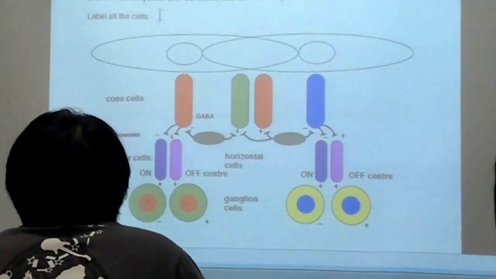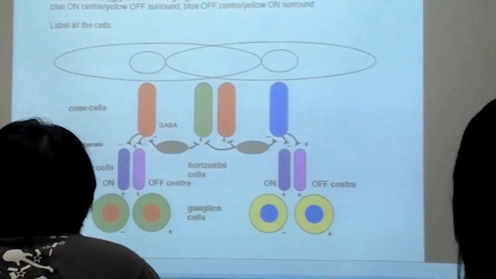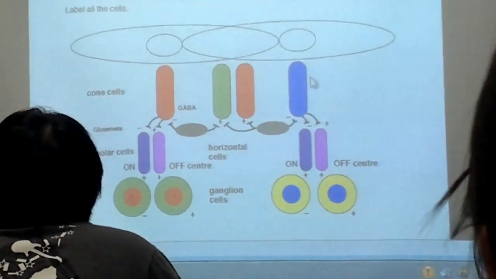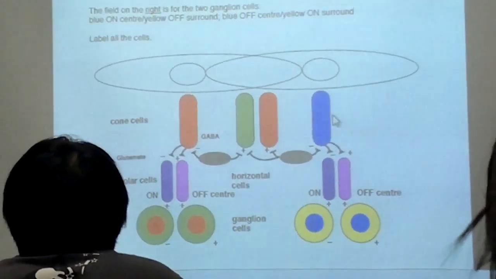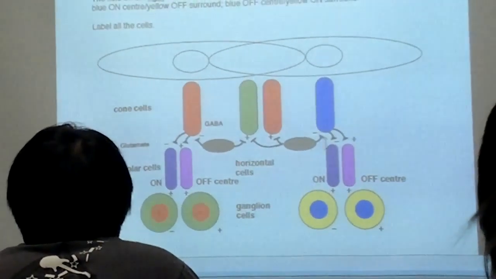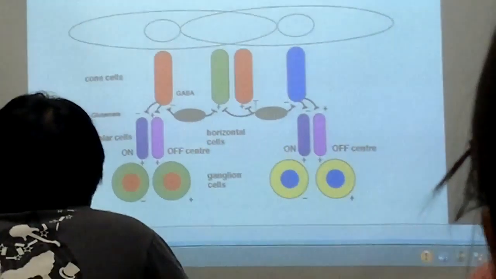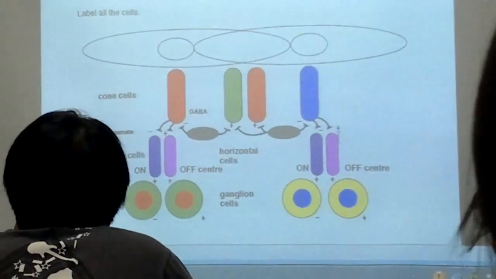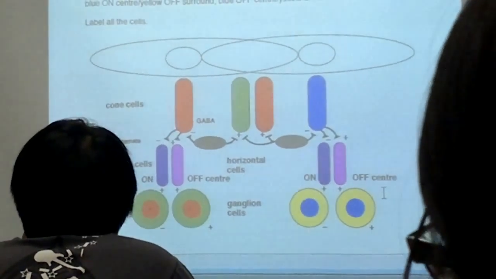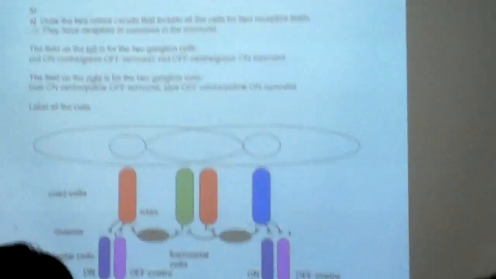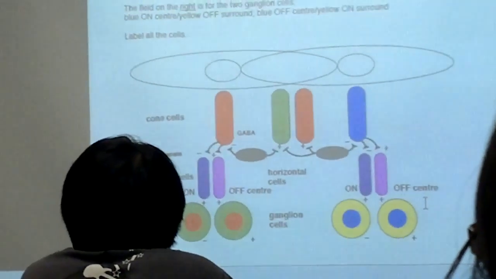I think that in this particular question, you're supposed to draw this. This is the answer. On another test question, he had this, and you just have to label the names of all of these cells, and I think label where it's positive and where it's negative. Does anyone have any questions about this?